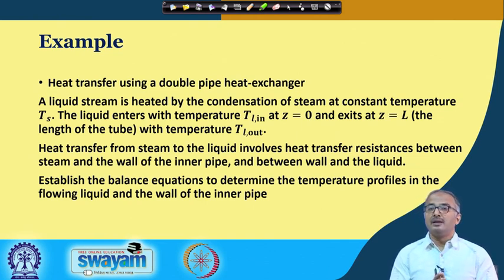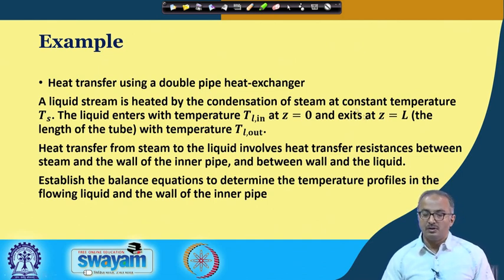Okay. So, in the industries today you will find that there are some conventional heat exchangers and there are some non-conventional heat exchangers. Now, the double pipe heat exchanger which we are talking about in this particular problem belongs to the conventional type of heat exchanger. Now, in the double pipe, the name signifies that there are two pipes and these two pipes are containing the two fluids.